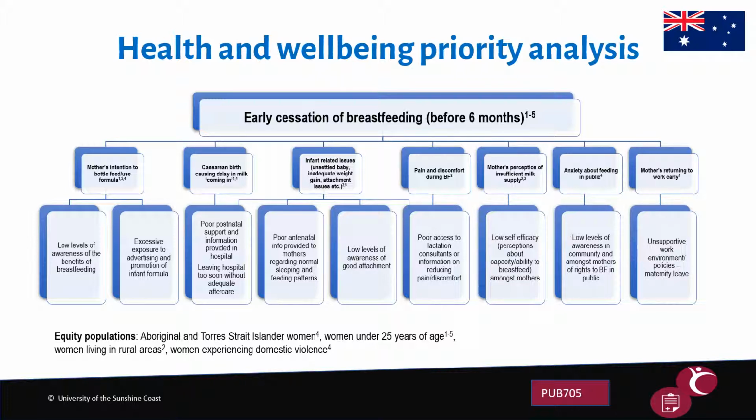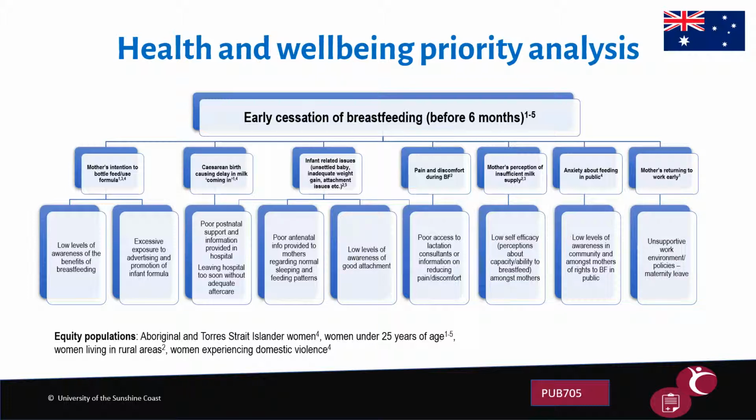The equity populations bit at the bottom refers to the populations that are impacted most by this early cessation of breastfeeding, so that we know Aboriginal and Torres Strait Islander women, women under 25 years of age, women living in rural areas, and women experiencing domestic violence are more at risk of early cessation of breastfeeding than other population groups or feeding mothers.